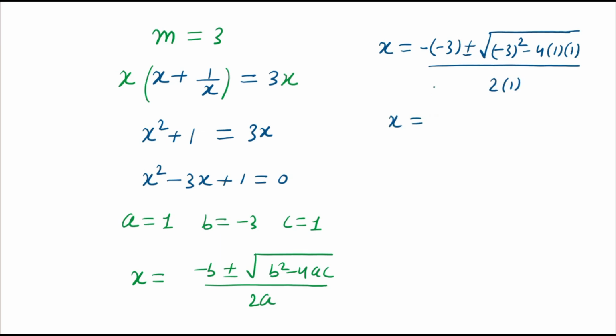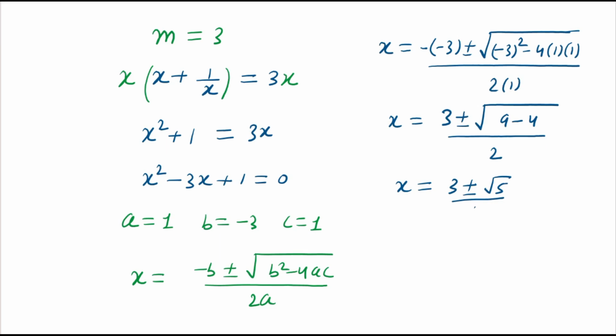Then x = (3 ± sqrt(9 - 4)) / 2, so x = (3 ± sqrt(5)) / 2.